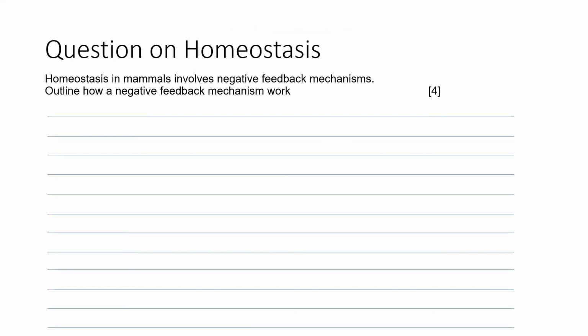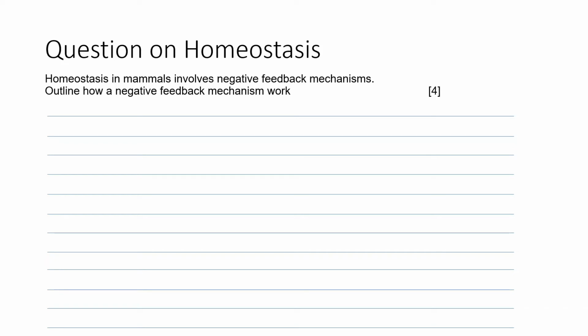Now the next question is based on the topic homeostasis. Now let's see what is a negative feedback mechanism with the help of an example. We are not going to write down whatever I'm explaining right now. We are not going to write it down in the exam. Okay, this is just for you to understand, and based upon that we will write down this particular answer. Now, what is the meaning of negative feedback mechanism? I'll tell you with the help of an example.